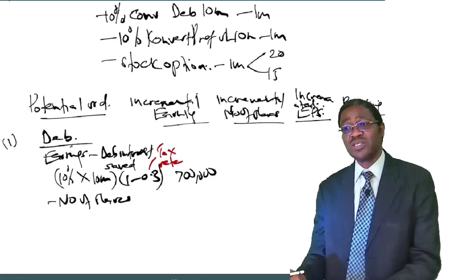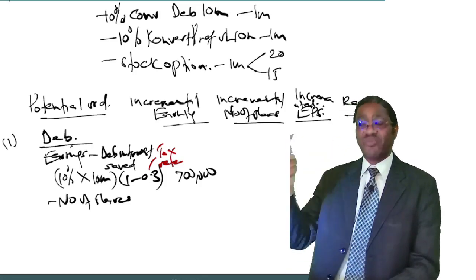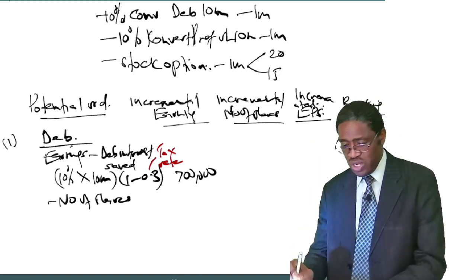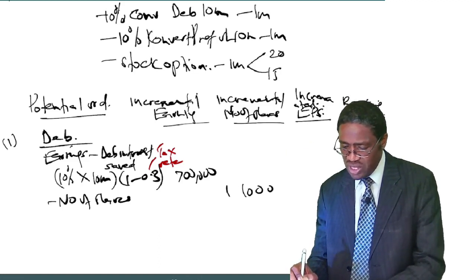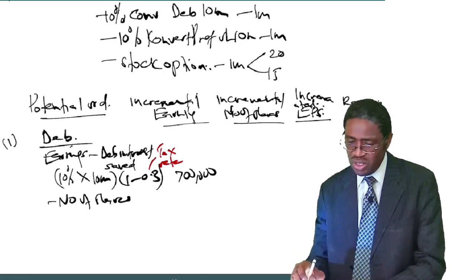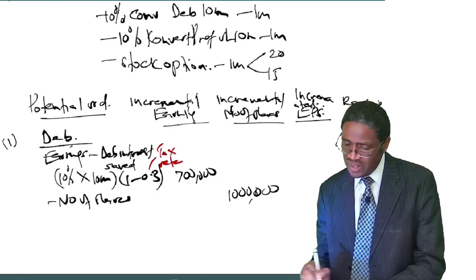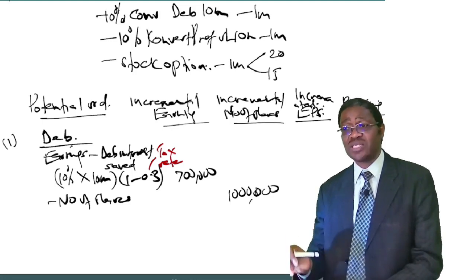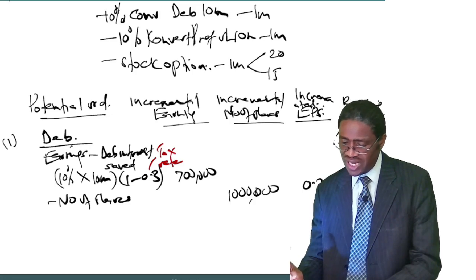You had agreed with them that if they want to convert their debentures into ordinary shares, the number of shares you give them is 1 million. So that 1 million becomes your incremental number of shares. Then you compute the incremental EPS by taking the incremental earnings and dividing that by the incremental number of shares, which gives you 0.7.